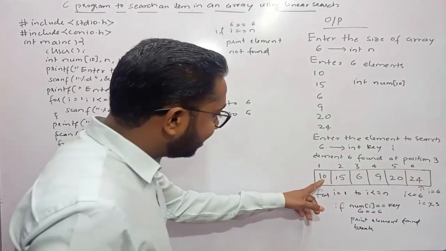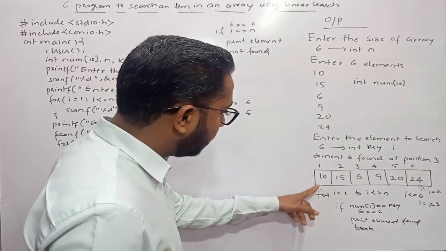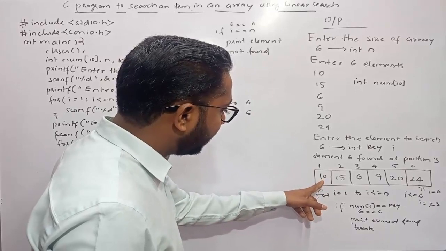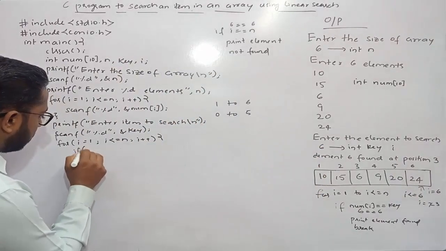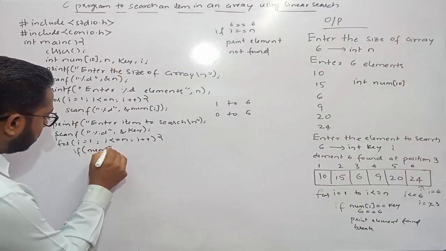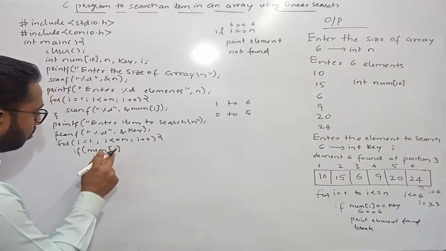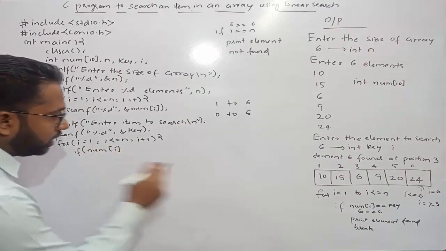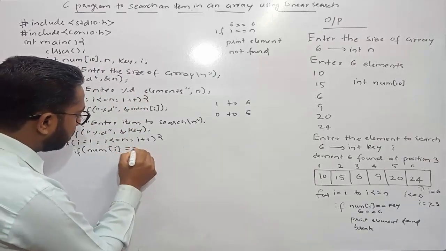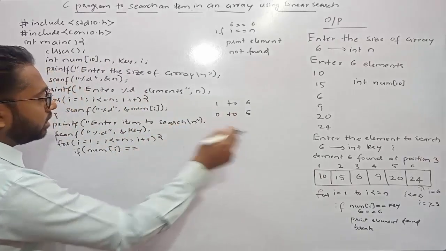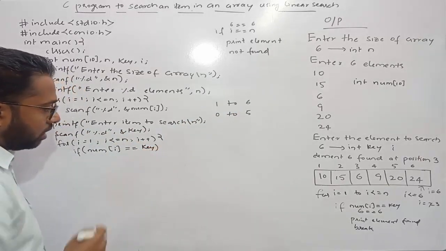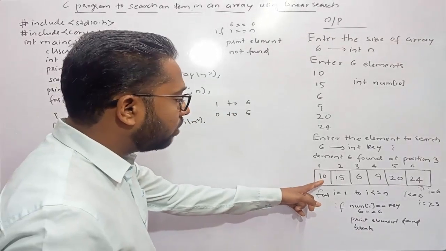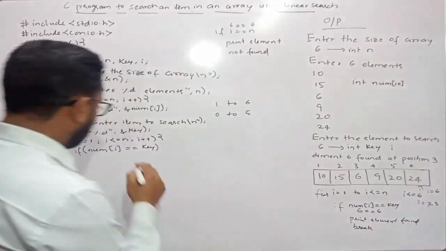Now I am on this place, so I will check whether this value of this array is equal to the key value. If num[i], so num[1] is 10, is equal to our key. Okay, now I am checking whether this value is equal to key.